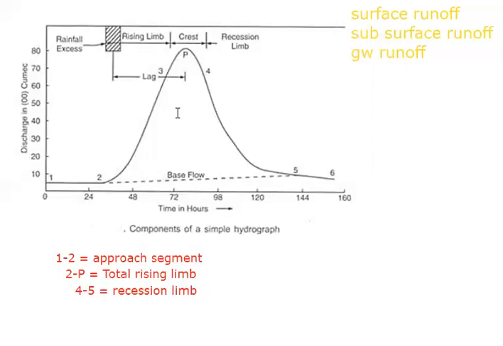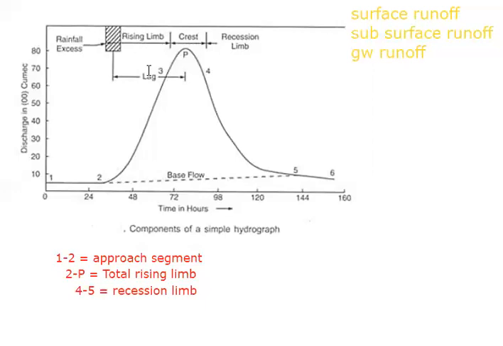So coming to the point with these three important parts, that is rising limb, crest, and recession limb. The rising limb is a concentration curve, and it is always the ascending portion of the hydrograph.